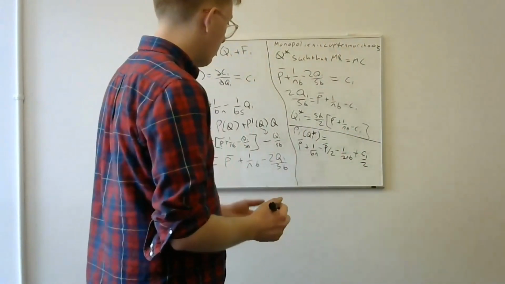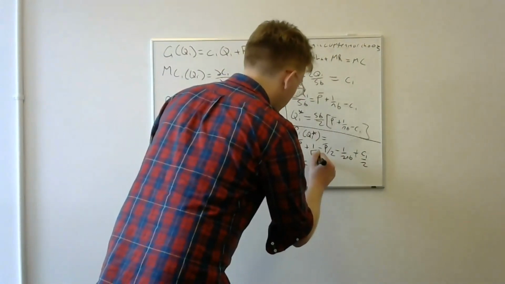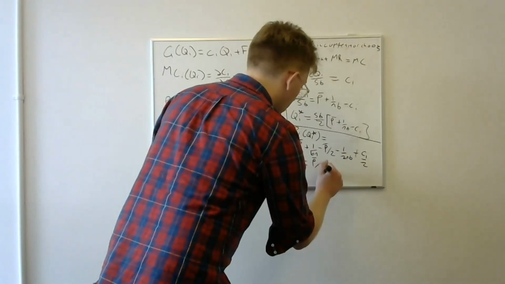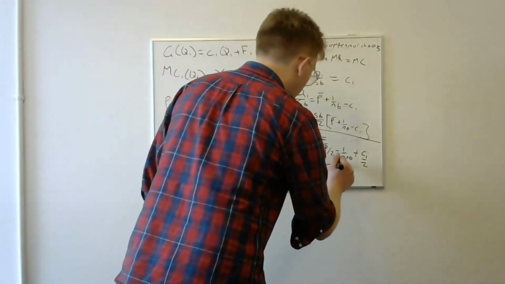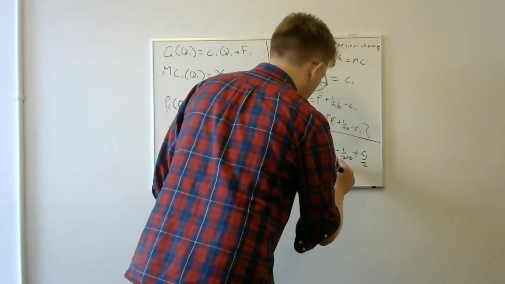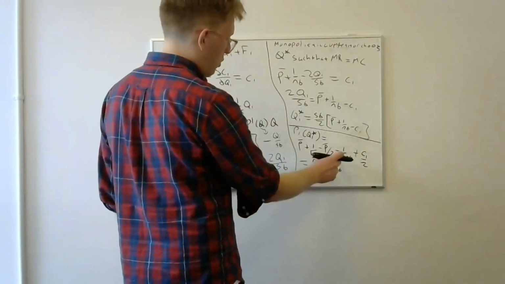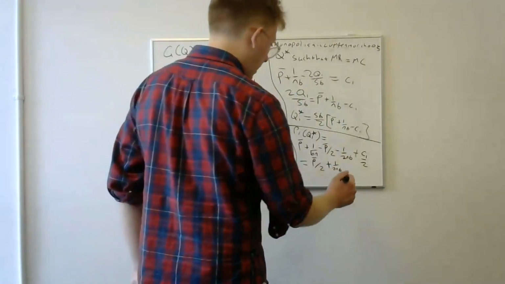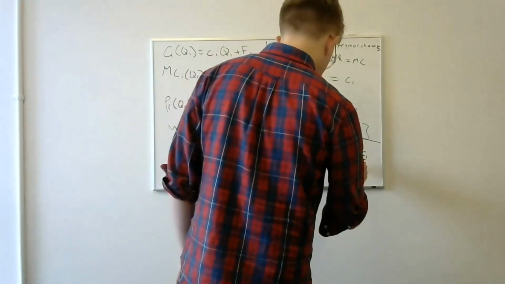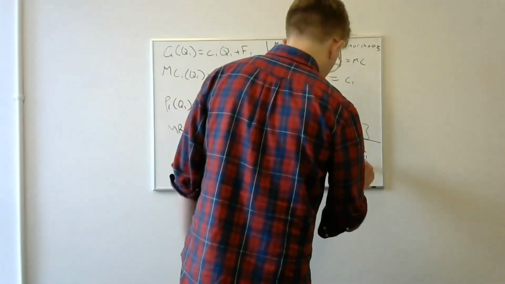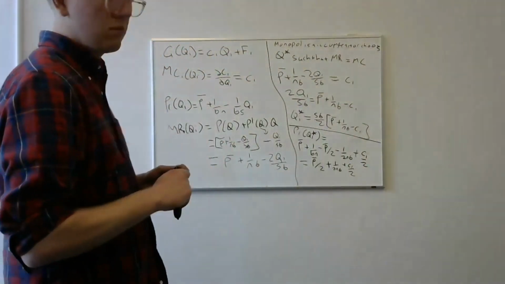And so what is this going to reduce down to? It's going to reduce down to P bar over 2 plus 1 over 2 NB, and then plus C_i over 2. Okay, so that's that one.